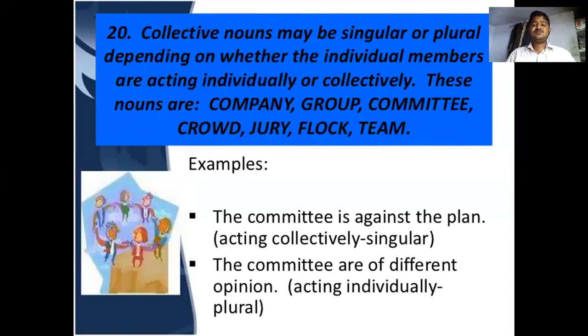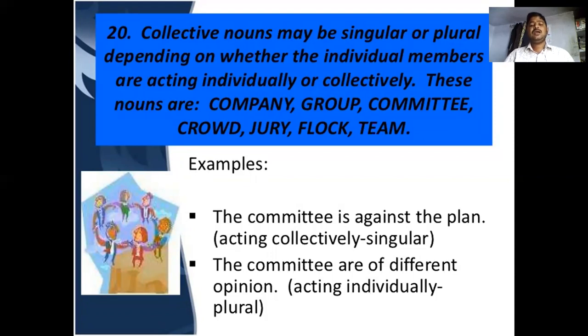Collective nouns may be singular or plural depending on whether the individual members are acting individually or collectively. These are the nouns: company, group, committee, crowd, jury, folk, team. The committee is against the plan.